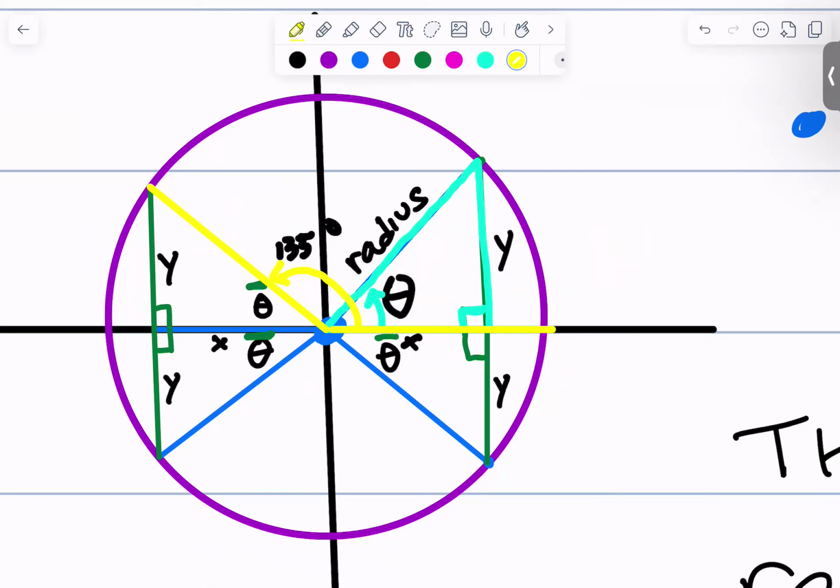What's cool about this is the six trig functions of 135 degrees is the same as the right triangle here in red. So I take that point, this point here that's on the circle, I drop it down to my perpendicular x-axis, and I make a right triangle here.